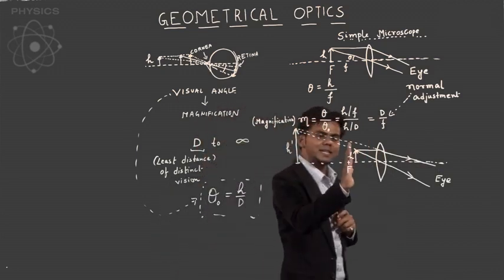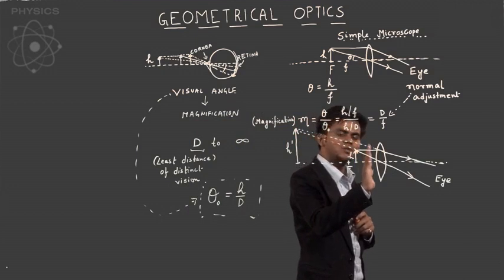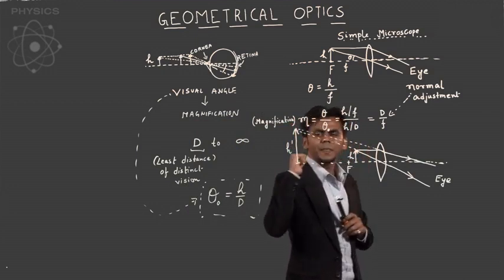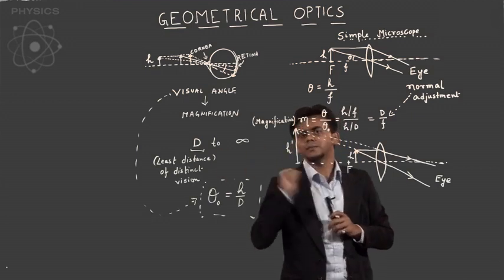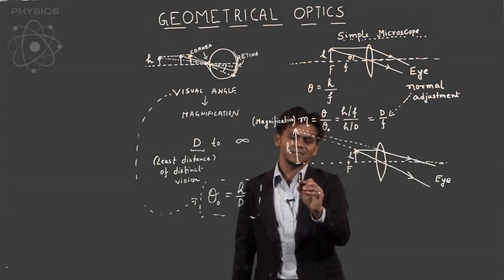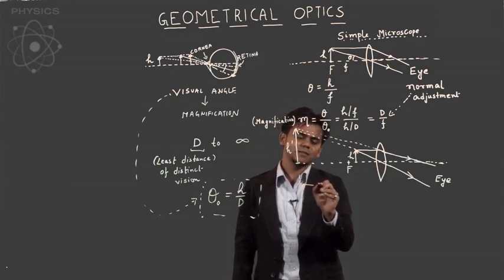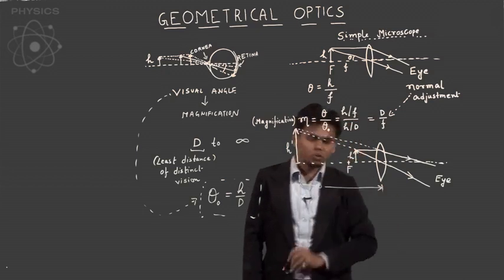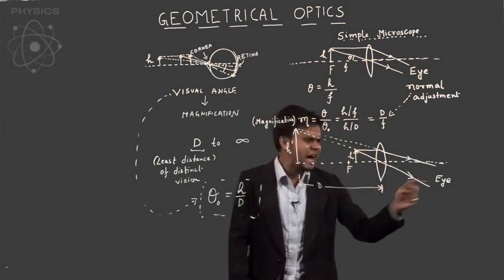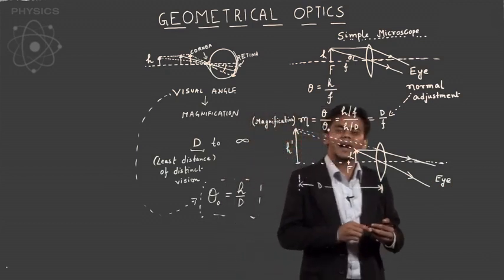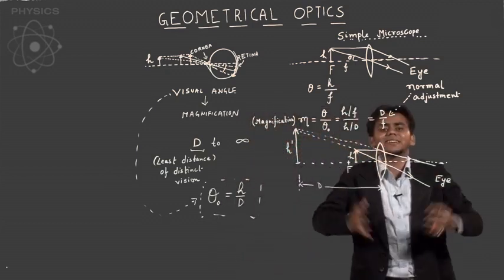If I bring this more close to the lens, even this guy over here would be closer to your eye. And I cannot bring it closer than d, which means the limit on this is d. You could argue that the eye is here and d is here, but essentially this is an exaggerated diagram.